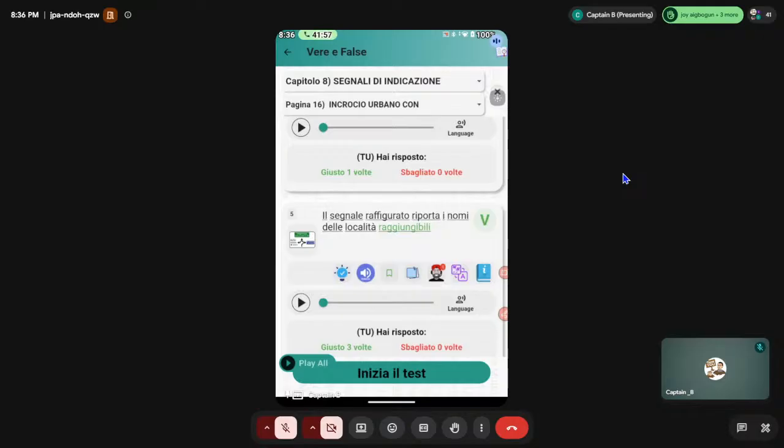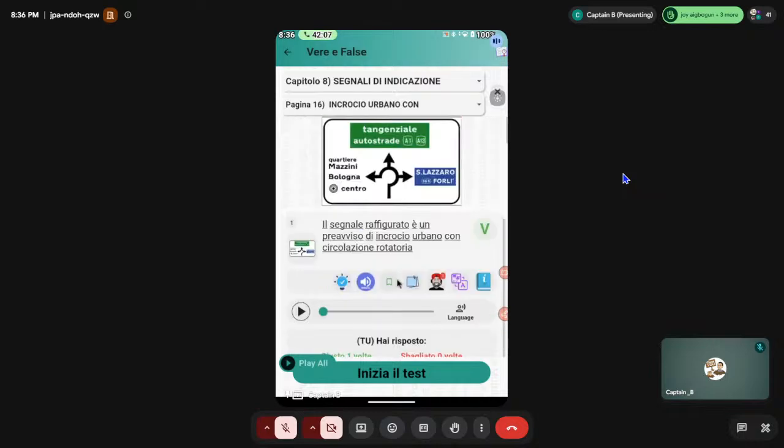How do we know whether the road we are on is secondary or principal? They show it as you exit, you will see a board like this. If you want to come out from your city going to another city, you will see a board like this. The board will tell you that if you enter Autostrada, your mind has already told you that Autostrada is not leading to Forli, the city you are going to.